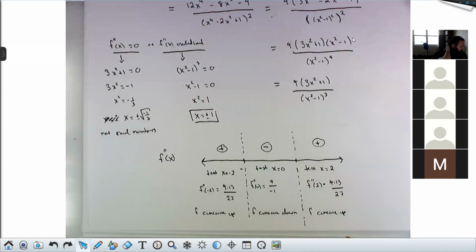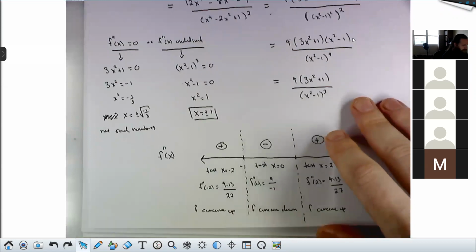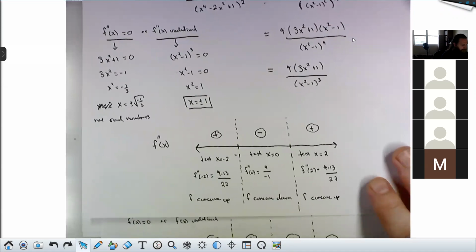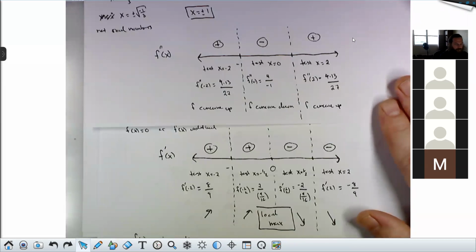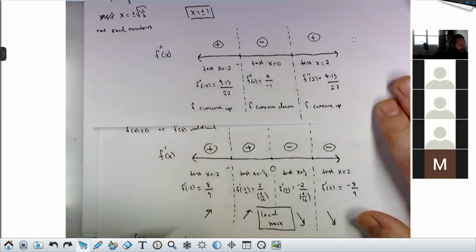Now I'm going to take all this stuff together and put it into one number line. So look here. Try to line these up. They don't quite line up. But we know that F is concave up from negative infinity to negative 1. And we know it's increasing there. That's what I mean.